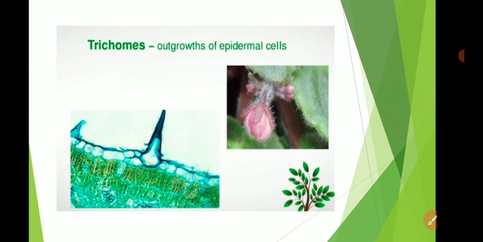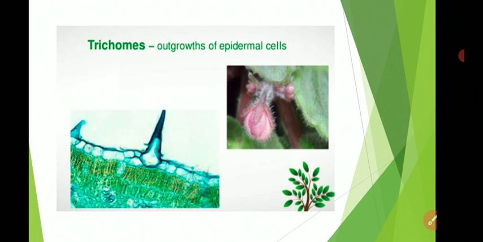For example, if you observe ajwain plant leaves, you may find this type of hairy structures, or you may find them on a tomato plant in early stage on stem and leaves. So there are hair like structures originating from the upper epidermis or from the epidermal region.